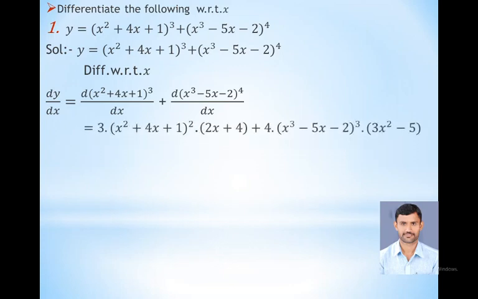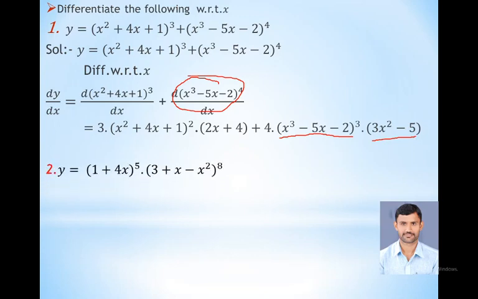So dy by dx is equal to 3 into x square plus 4x plus 1 bracket square into derivative of x square plus 4x plus 1, which is 2x plus 4, plus derivative of x cube minus 5x minus 2 bracket raised to 4. Derivative of this function is 4 into x cube minus 5x minus 2 bracket raised to 3 into 3x square minus 5.